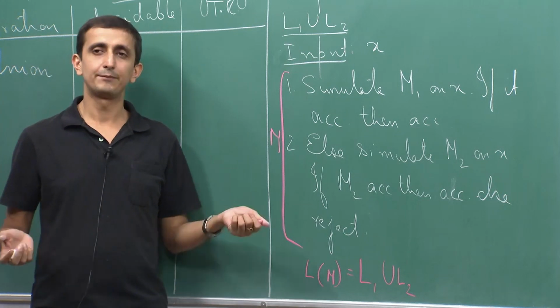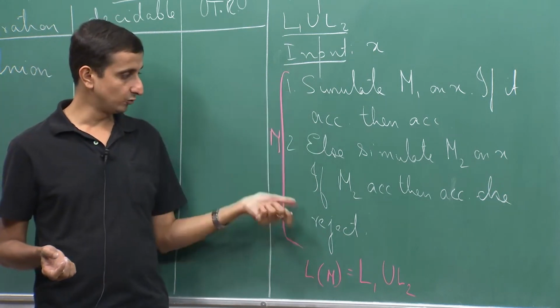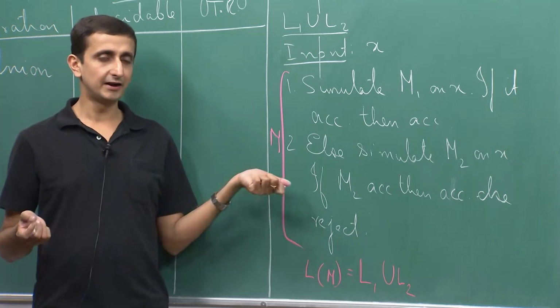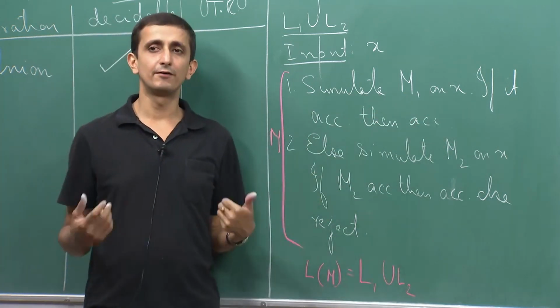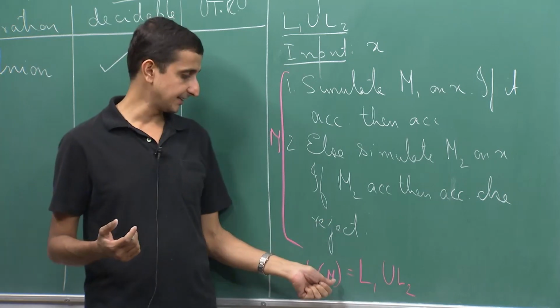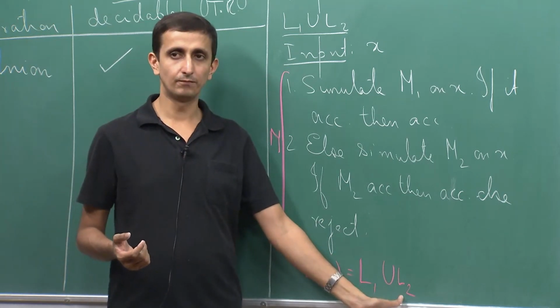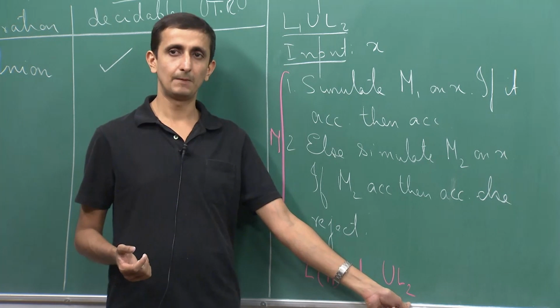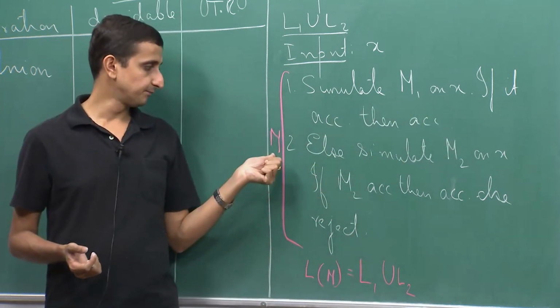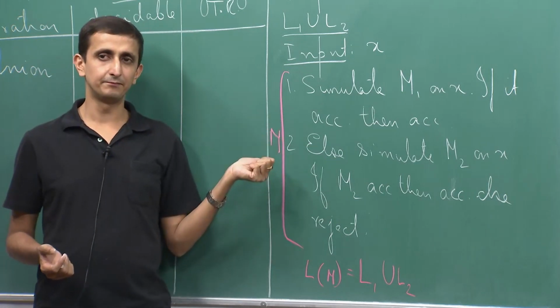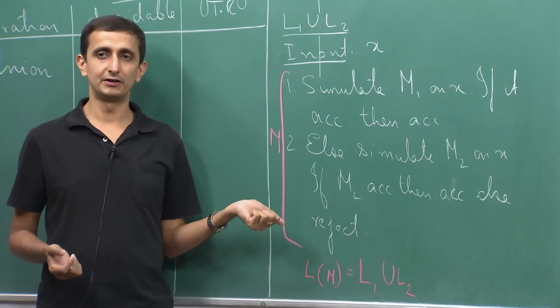If we try this kind of simulation, we run into a problem, because when I simulate M1 on x, it goes on forever, although x actually belongs to L1 union L2, because it belongs to the language L2. So we are never able to accept x using this machine M.